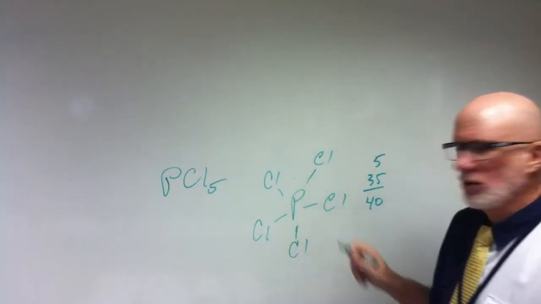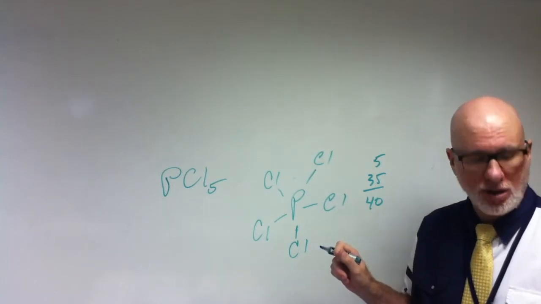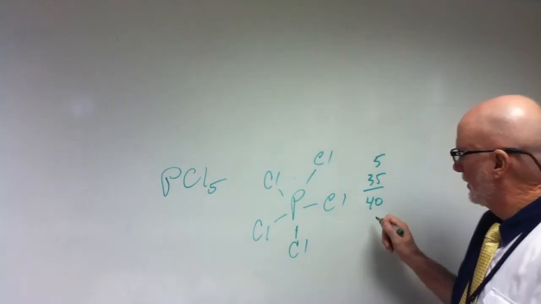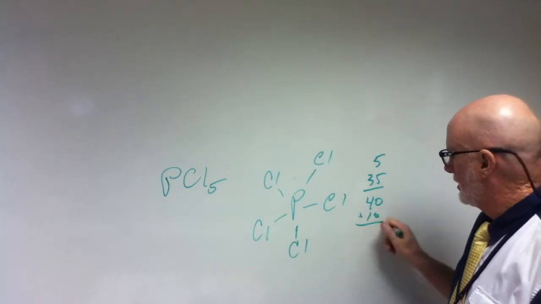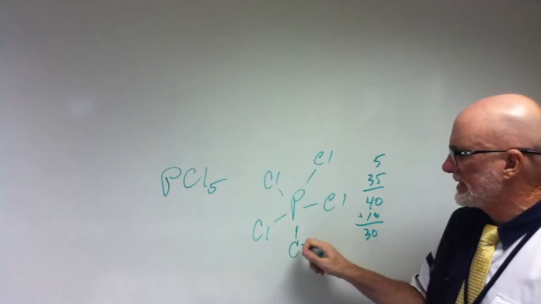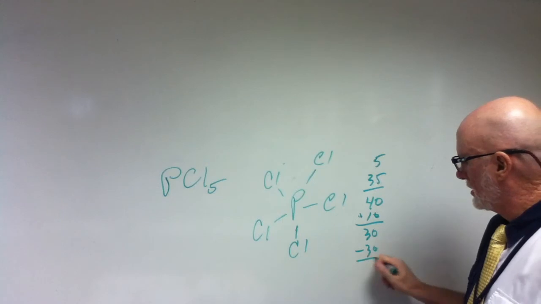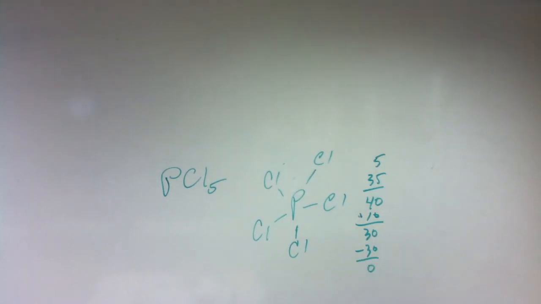How many do I subtract off? 5 bonds. How many total electrons? Oh, is it past time? All right, we'll finish quickly. So that's going to be minus 10, so that's going to be 30. 6 additional for each, right? Minus 30, 0.